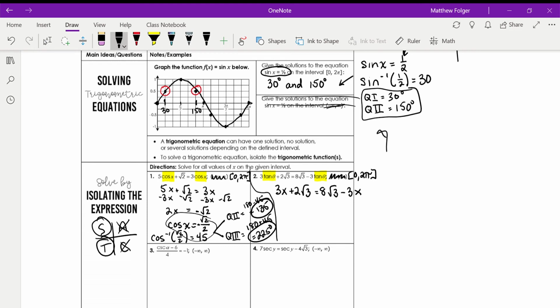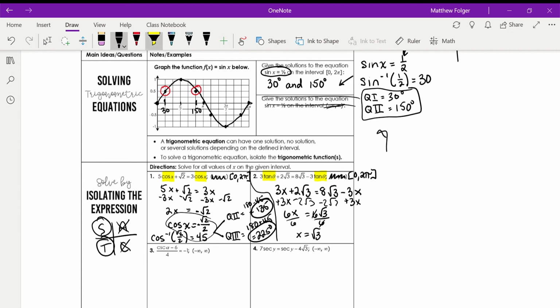Okay, so we want to move this negative 3x over to the other side by adding it, which we get 6x, right? And we want to subtract 2 radical 3, so we get equals 6 radical 3. Last step, divide by 6, so you get x equals, these cancel, square root of 3. Okay, that's a positive square root of 3.